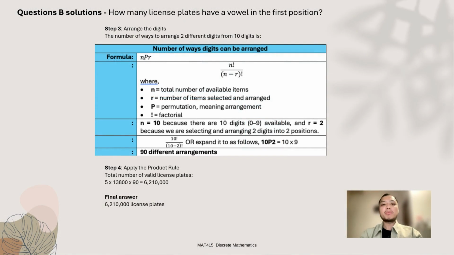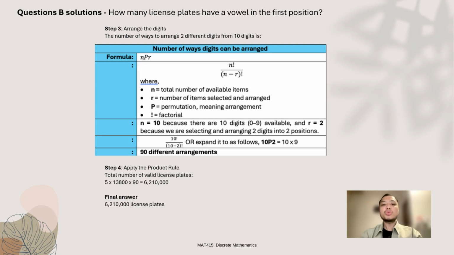To complete question B, we now arrange the 2 digits. The formula used here is also the permutation formula, nPr. In this digit part, n represents the total number of available digits, and r represents how many digits we need to arrange. Since the digits are from 0 to 9, there are 10 digits in total, so n is equal to 10.